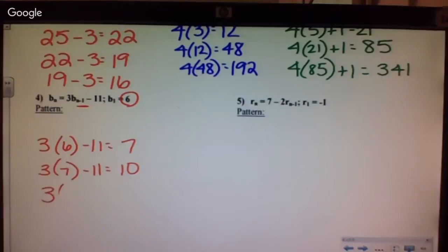And now my number is 10. 3 times 10 is 30. Take away 11. You only took away 1.